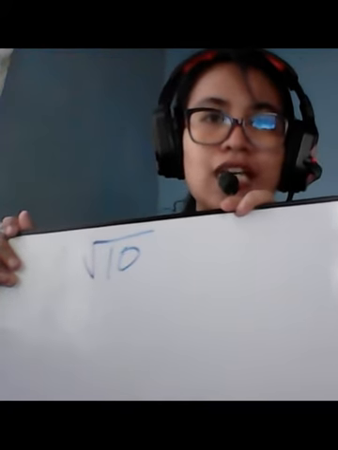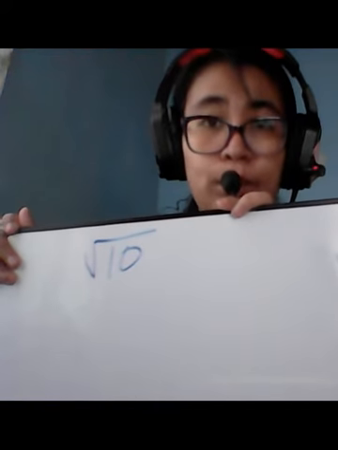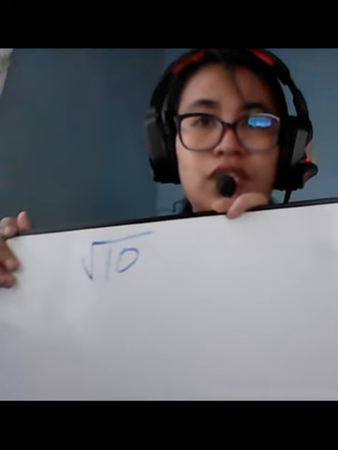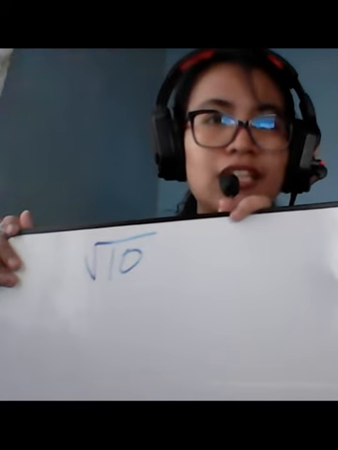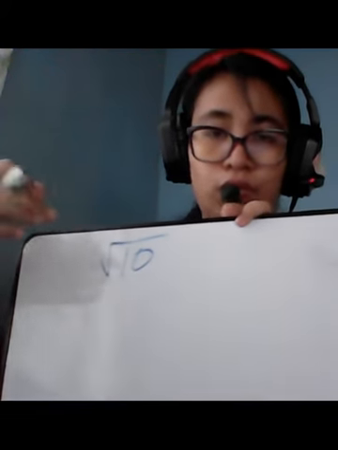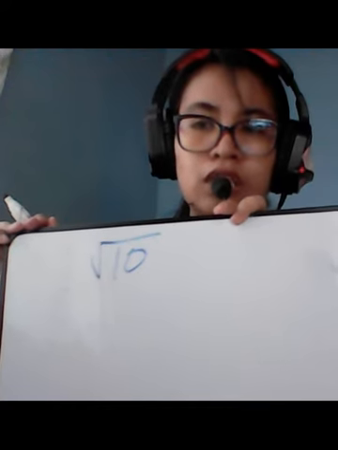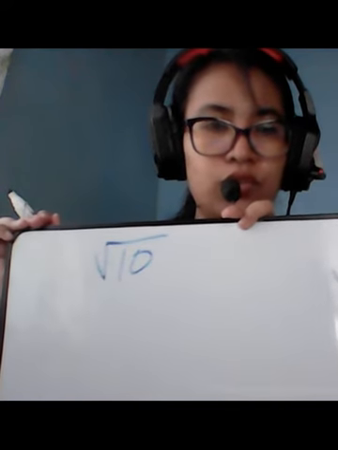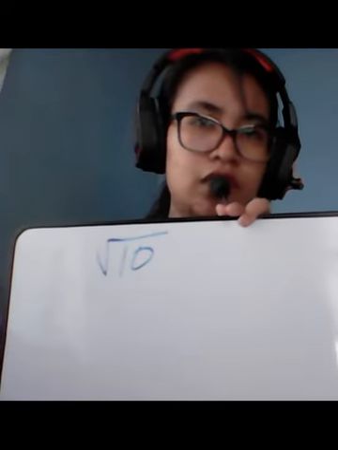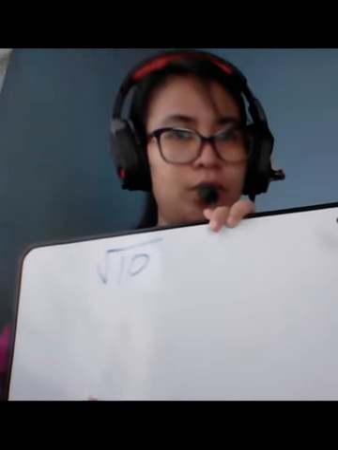So since it is in between 3 and 4, we will think of a decimal number this time that we will multiply to itself until we reach the nearest hundred or the nearest number to our 10. Since it is between 3 and 4, to the nearest hundred, let us choose 3.16 to be multiplied to itself.